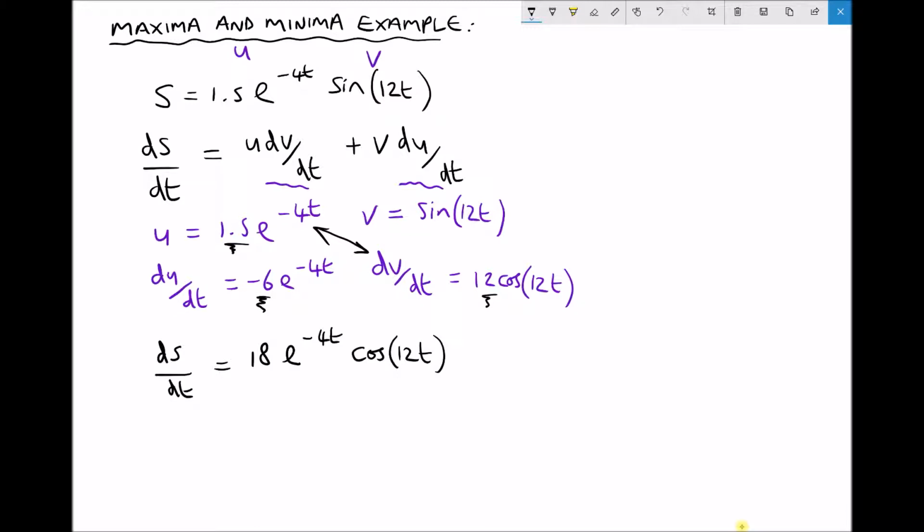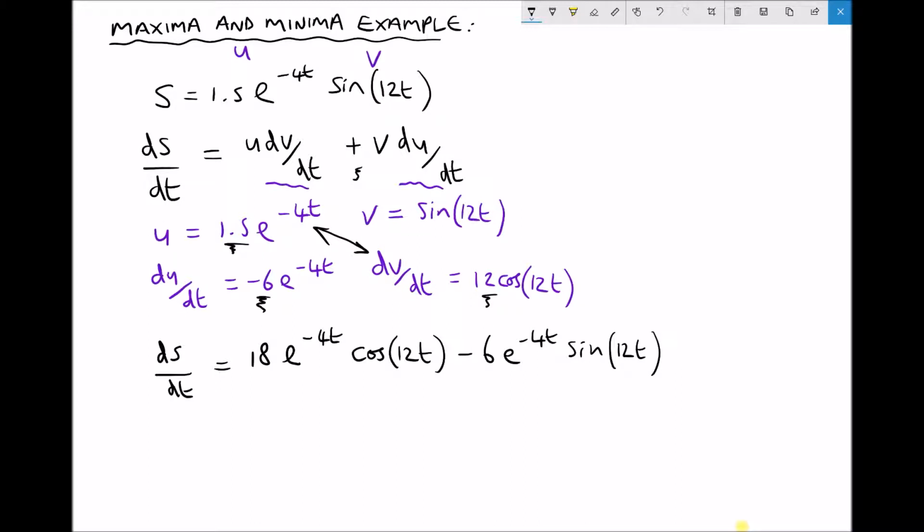So although the original form is plus v du dt, I need to take account of that minus 6. So I'm going to get minus 6e to the power of minus 4t, and then sine 12t. In actual fact, what I've written there is du dt times v, but I want to keep these two terms in the same format.